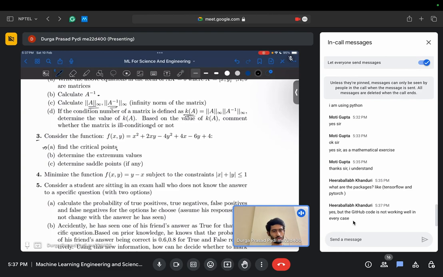But the GitHub code is not working well in every case. Yeah, I mean you might have to tweak the code a little to suit your needs, but everything else should have been fine. Which part are you facing problems with? Is it the problem setup or the optimization part?